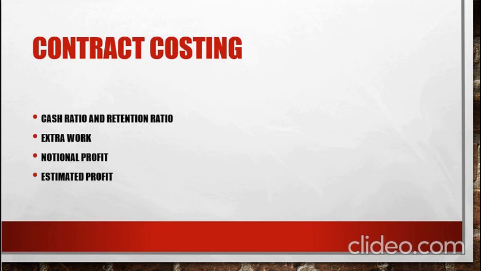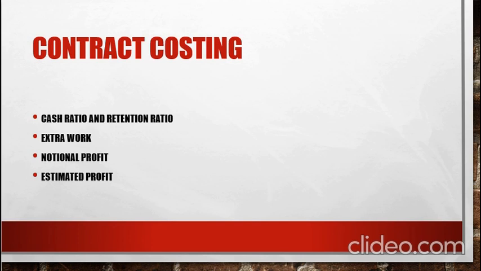For example, if cash ratio is 75%, the retention money will be the remaining 25%. The money which is paid to the contractor is known as cash ratio. The money which is not paid, where the task is not fully completed, is withheld. Unless and until the task is fully completed, a percentage of money will be withheld by the contractee. That is known as retention ratio.